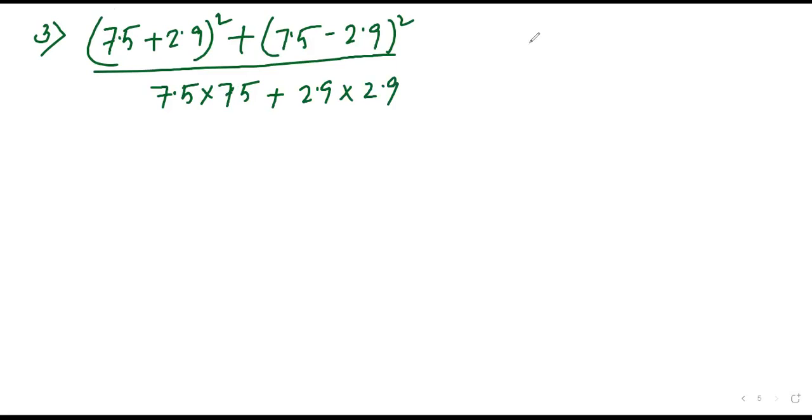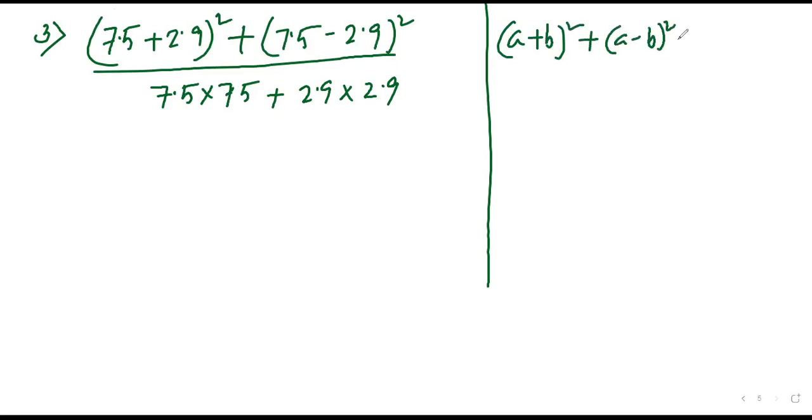Now see, at the numerator there is (a plus b) whole square plus (a minus b) whole square, and directly we can write the formula as it is a ready-made formula, 2 into (a square plus b square).